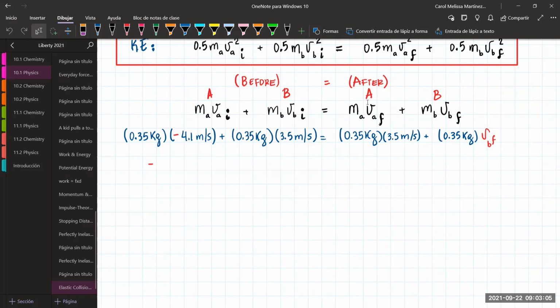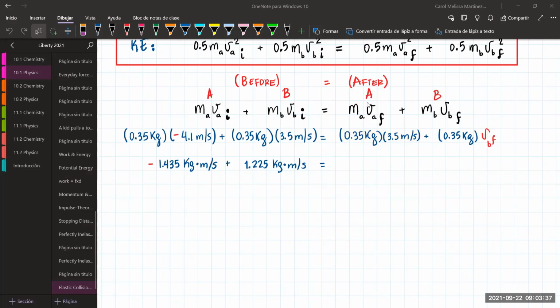Negative 1.435 kilograms meters over second plus, how much do you get from this? 1.225 kilograms meters over second equal to, how much do you get from this multiplication?